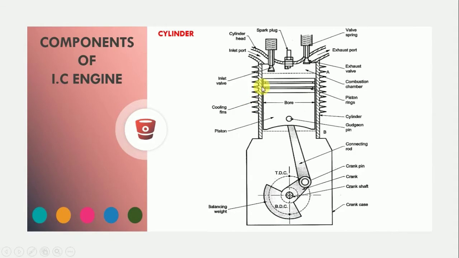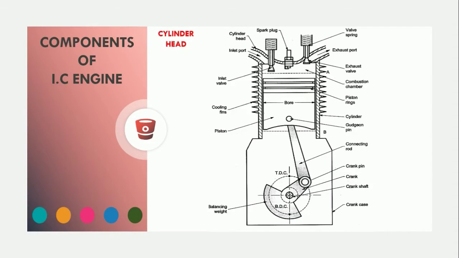It is an air cooled IC engine, therefore here you find cooling fins. But if you have a water cooled system, then you find water jackets through which water flows and cools down the walls of your cylinder. So this is the first major component of IC engine, that is the cylinder. Move to the next.